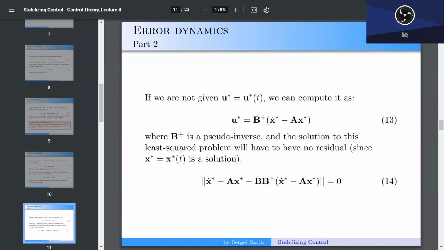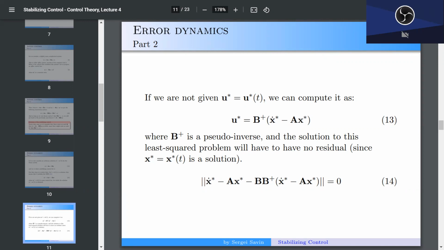So now you can ask me, that is cool, but first, what if the solution is not a single solution? And second, what if the solution doesn't exist? So, have any of you, or all of you, had a discussion of pseudo inverses before? Do you know what a pseudo inverse is?